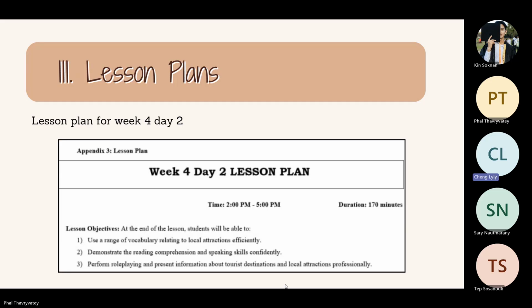The second one is to demonstrate their reading comprehension and speaking ability. And the last one is to perform role playing and present information about jurisdiction and also local attractions professionally. Can you move to the next slide, please?